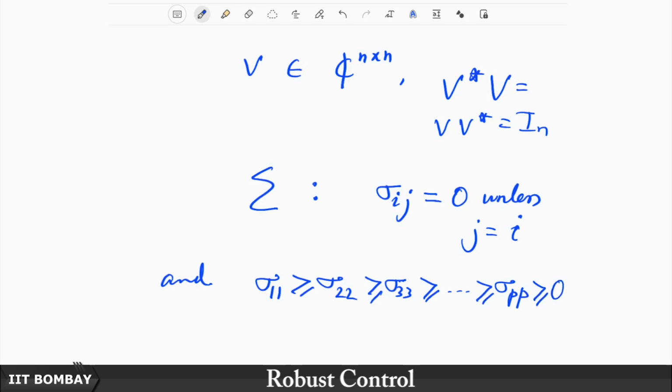So, all of these are non-negative entries sitting as the iith entry of Sigma, and clearly this Sigma is of size m cross n.